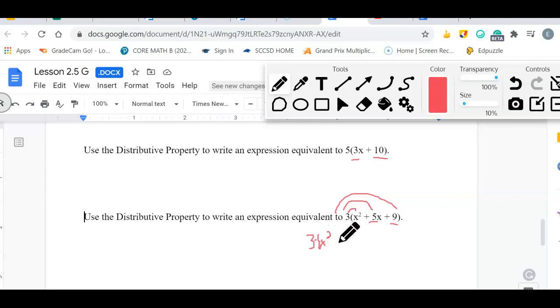And then there would be a dot in between the 1 and the x. Plus 3 times 5x plus 3 times 9. I can do 3 times 1 to give me 3. I can't do anything with the x squared, so I'll just keep it. Plus 3 times 5x is going to be 15x.